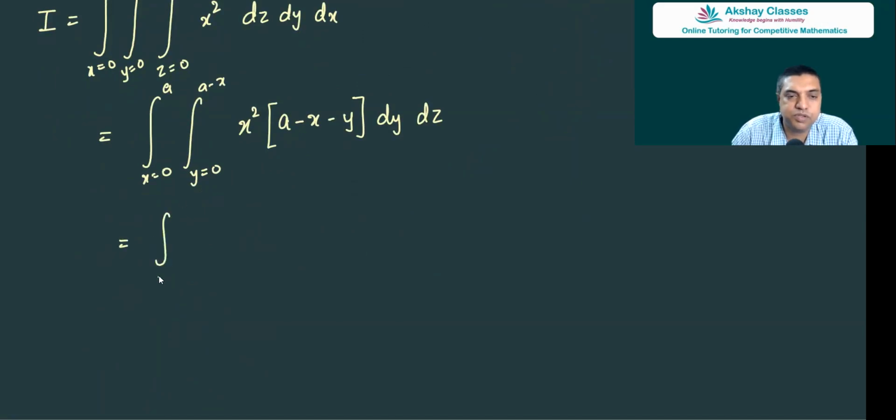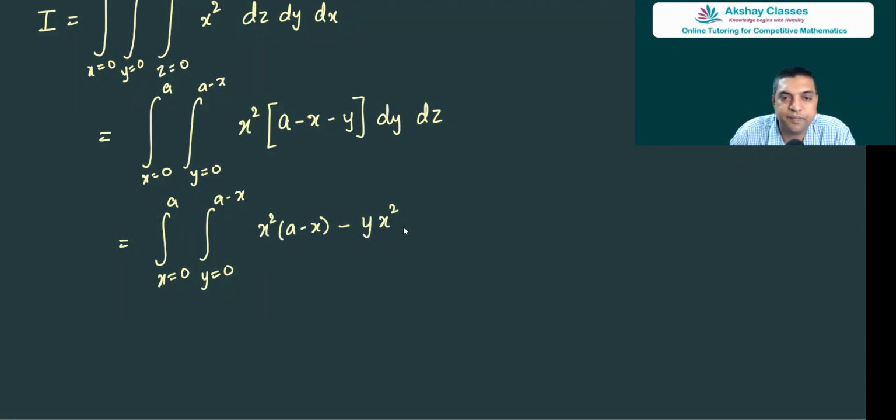So now this becomes x equal to 0. Next, we have to integrate with respect to y, treating all others constant. So x square into a minus x minus y into x square dy dx. All right.